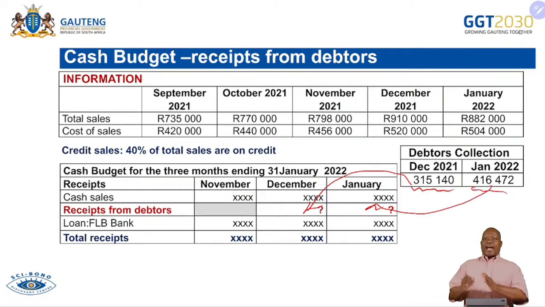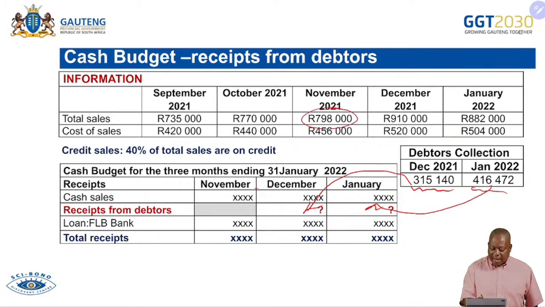So in other words, after completing our debtors collection schedule, let's remember this information is a building block for the completion of our cash budget. So from the debtors collection schedule, we take it into the cash budget. But remember also, we are given the total sales for November. And here we need what? Cash sales. That's where we remember what they said.